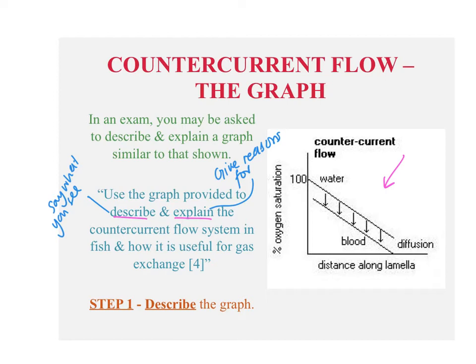So we're describing the flow system, but then we're also adding a little bit of detail, relating to biology how it's useful for gas exchange. So we should really have a point, an explanation, and an application. It's 4 marks, so you might actually want a couple of application points.